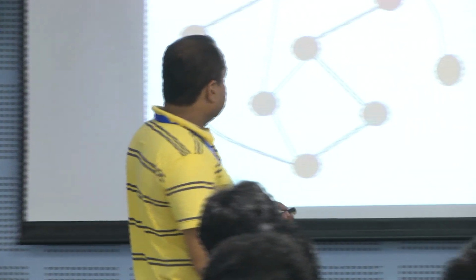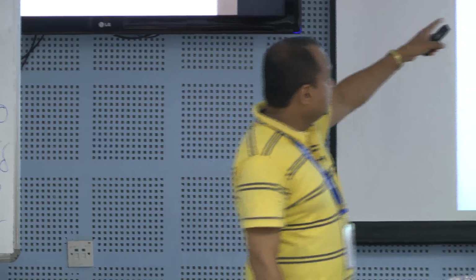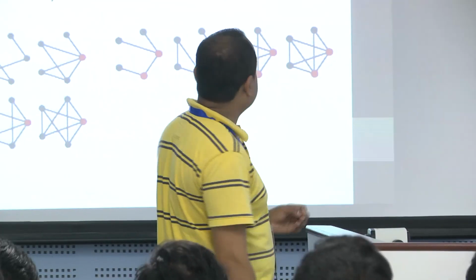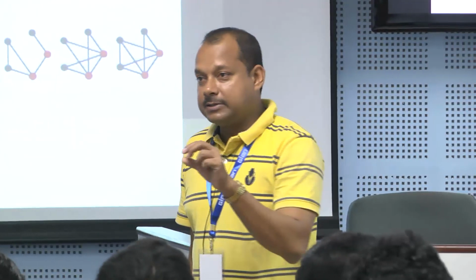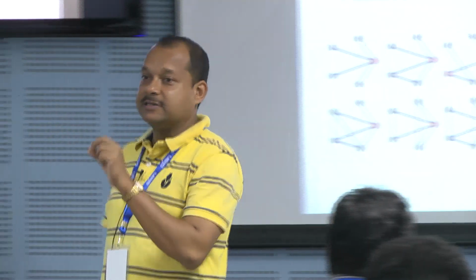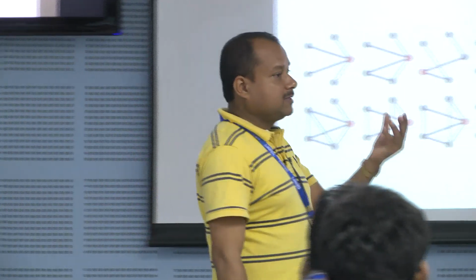Now, the center of a graph, that is very interesting. The eccentricity of a vertex in a graph is the greatest distance from V to any other vertex, right, and the vertex with minimal eccentricity is called the center of a graph. The center of a circle is what?